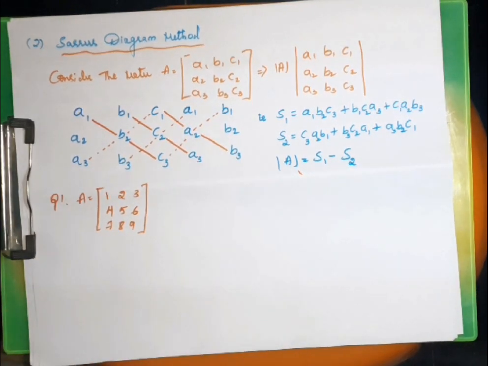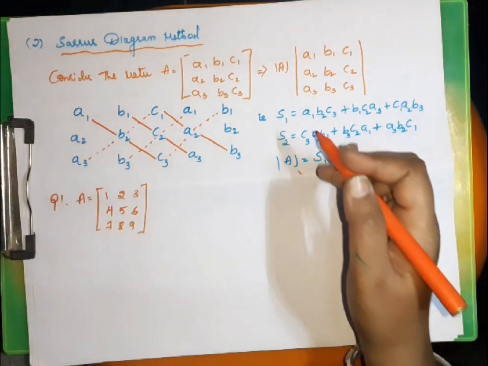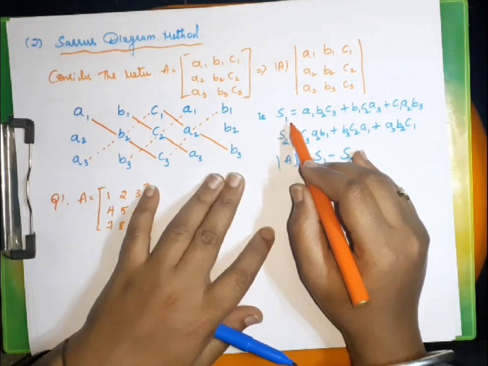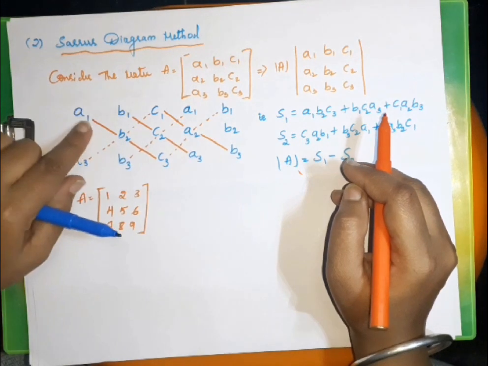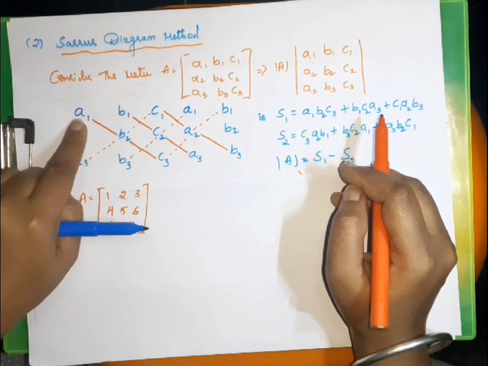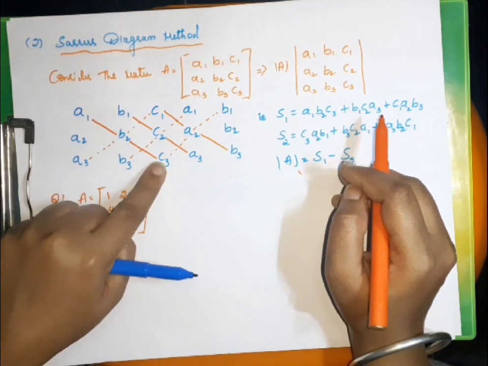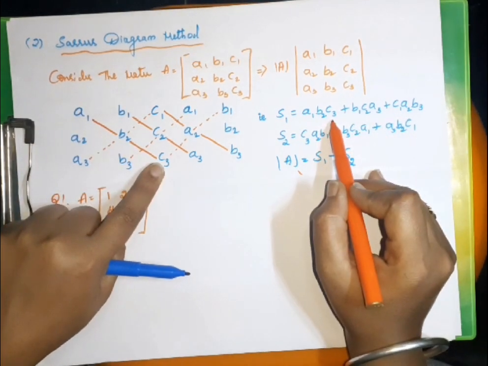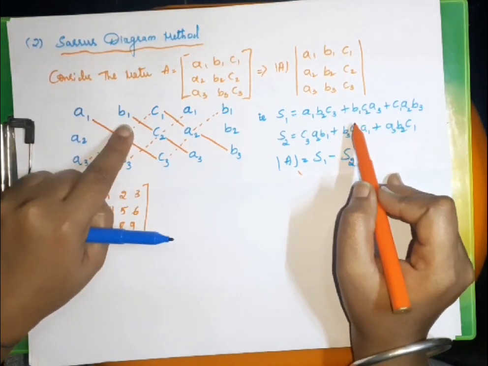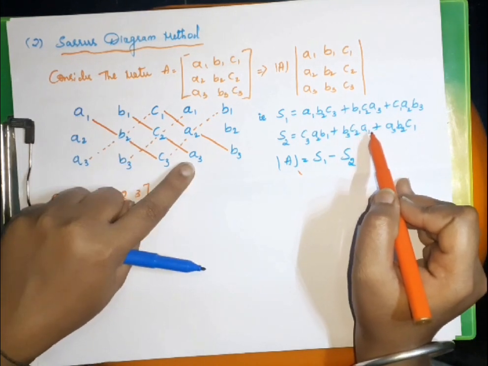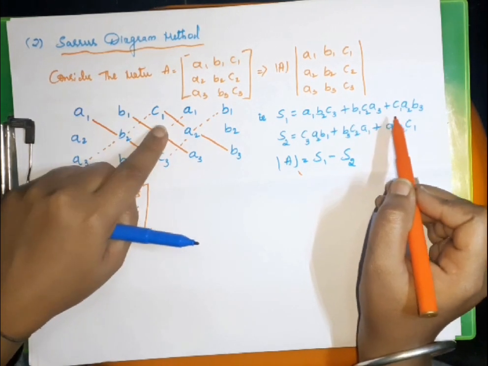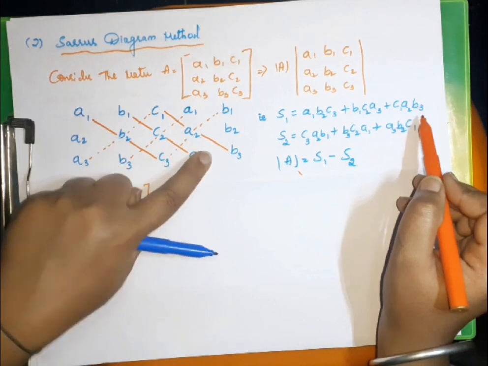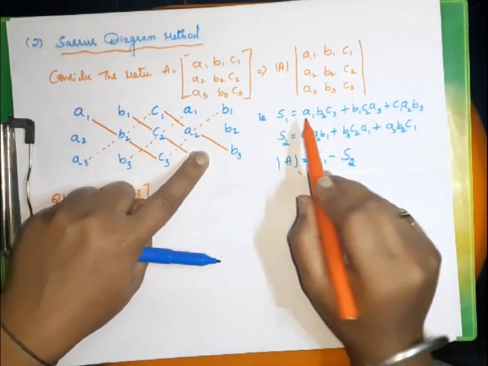So here we have a formula for it also. S1 is equal to, you have to consider the elements in the straight line. That is A1, B2, C3, plus B1, C2, A3, then C1, A2, B3. This is what we will call S1.